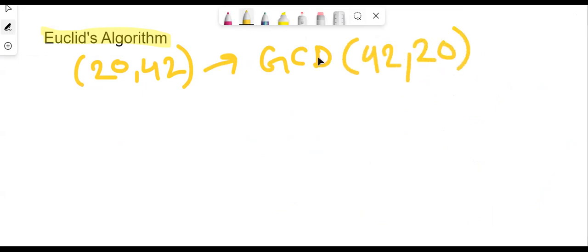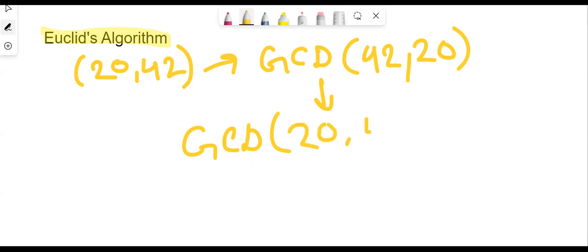We have just swapped the numbers, nothing else. It is not going to affect the GCD. Common divisors will stay the same. So now GCD of 42, 20 should be GCD of 20, 42 mod 20. So what is 42 mod 20?